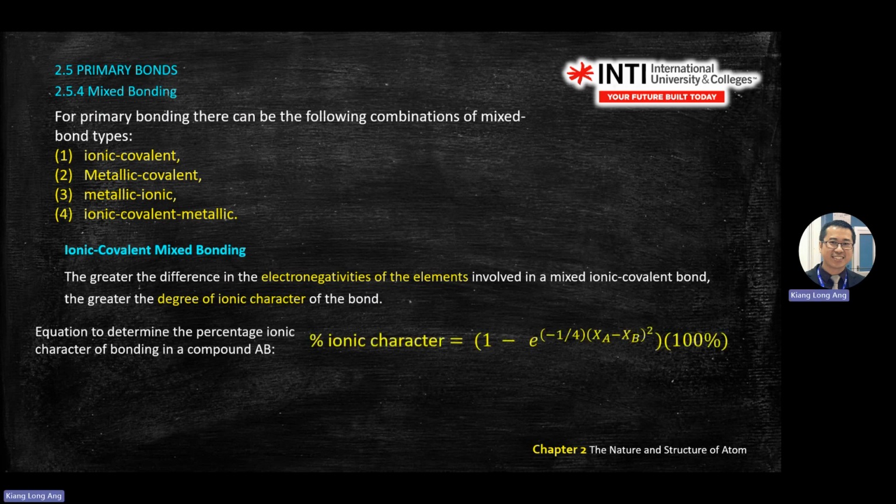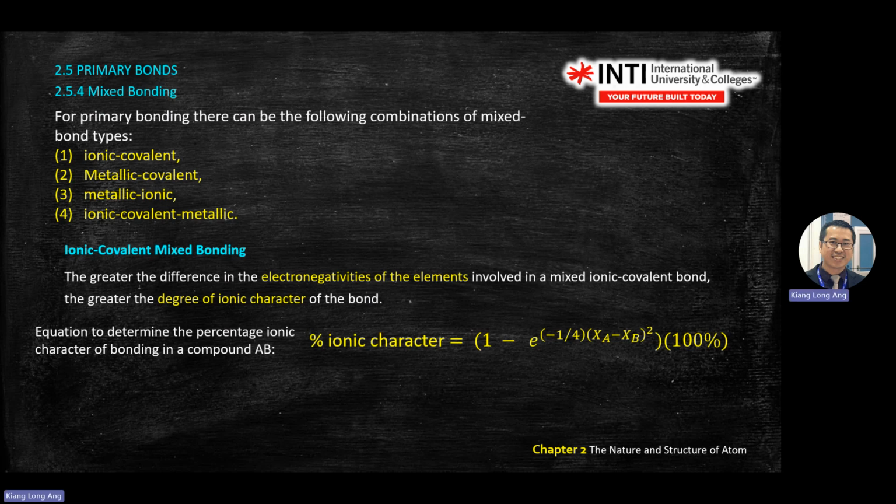If you have an ionic covalent mixed bonding, there's one new equation coming out. It is to calculate the percentage of ionic character by this equation. Percentage of ionic character, 1 minus e. There is a symbol inside your calculator, small e, the e with the orange color.